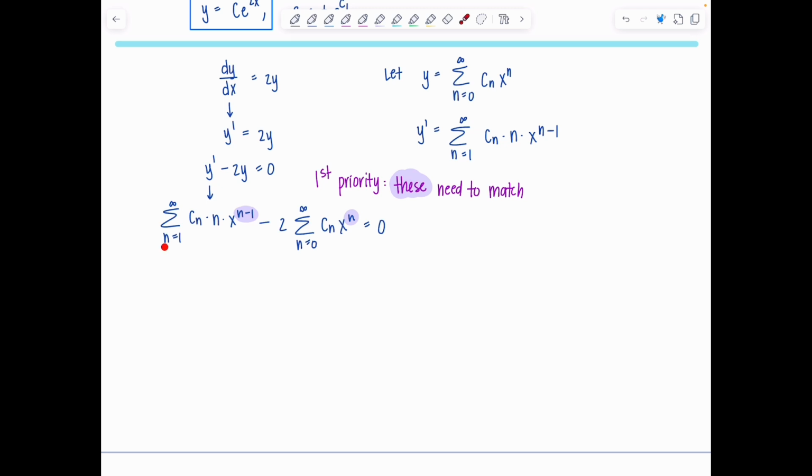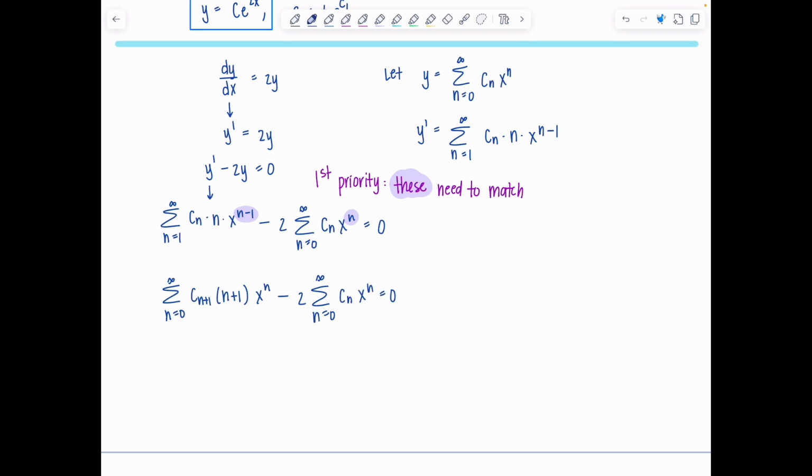If I shift this to starting at 0, 1 lower, then these indices, all the n's, would have to shift up by 1, in order for this to represent the same sum. So I'm going to start at n equals 0 to infinity, and this is c sub n plus 1 times n plus 1 times x to the n plus 1 minus 1, so now it's x to the n, minus 2 times the sum n equals 0 to infinity c sub n x to the n, that equals 0.